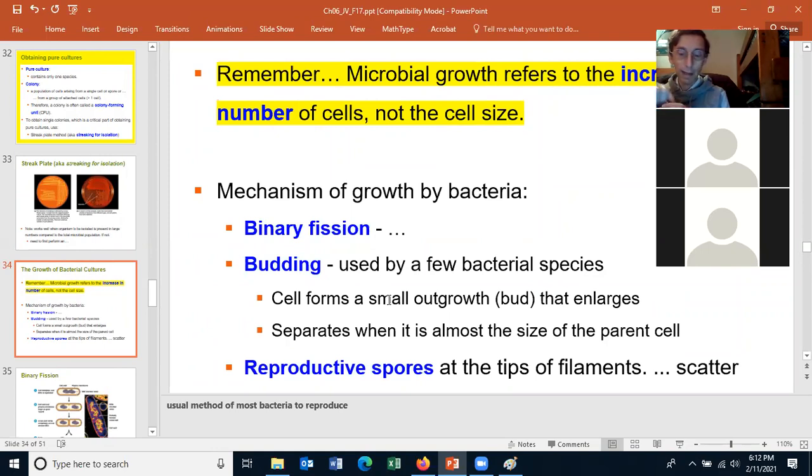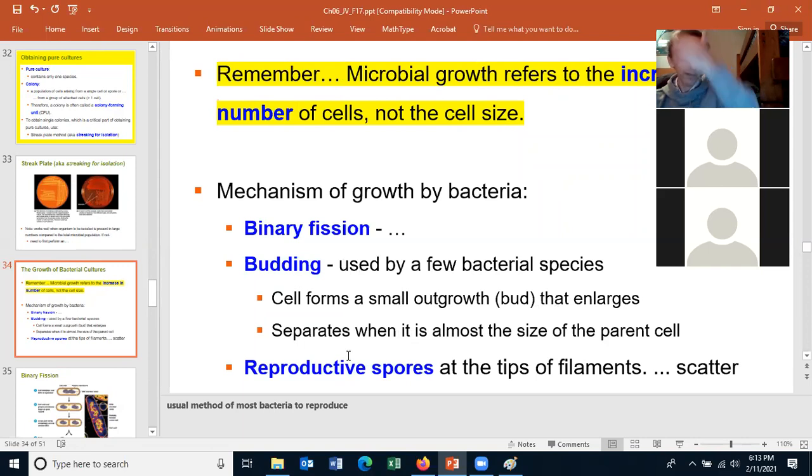Eventually, the DNA inside the parent cell divides, and 1 copy is put into the bud. And then the bud doesn't separate from the parent cell until that bud is about the size of the parent cell. And then it becomes its own parent cell and then can start budding. So there's a few bacteria that reproduce by budding.